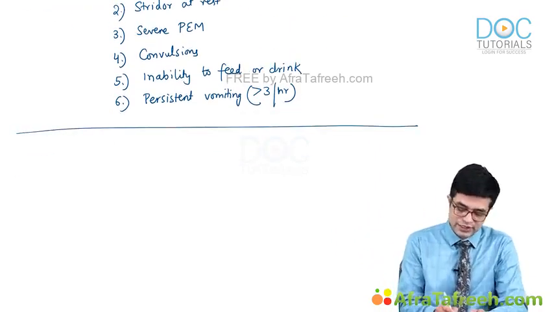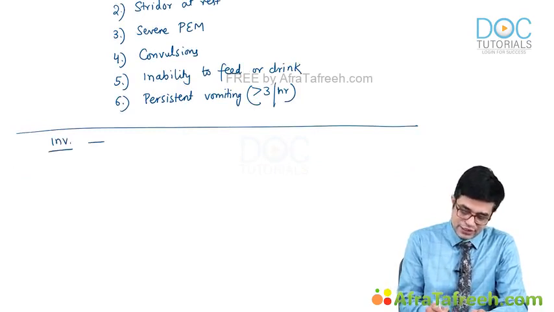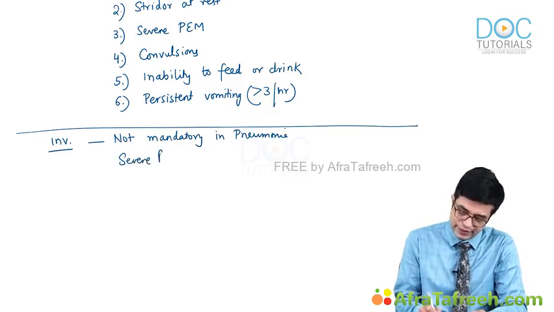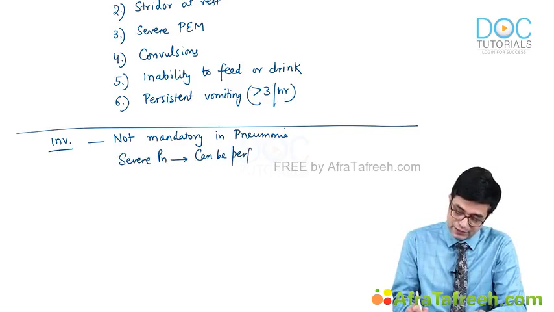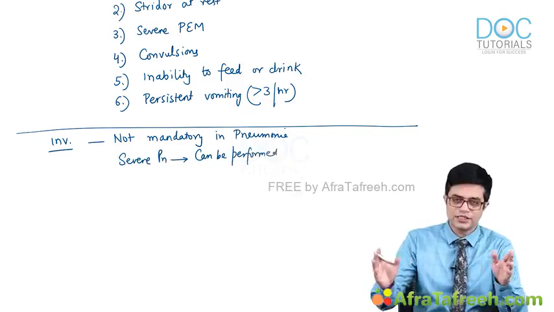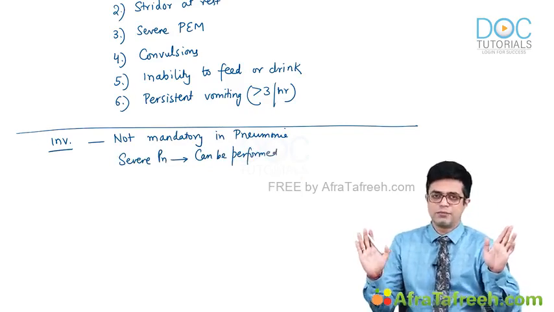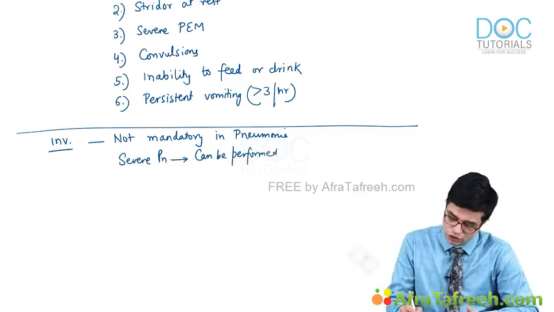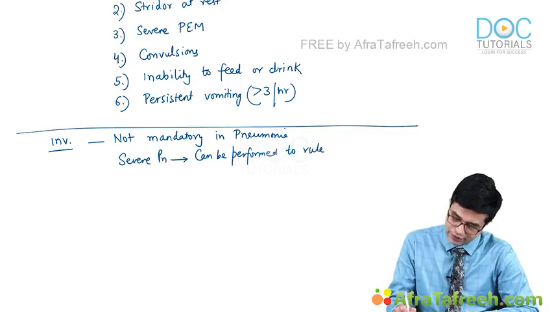Now, coming to investigations. Investigations are not mandatory in pneumonia. However, in case of severe pneumonia, they can be performed. Can be does not mean you must do it, because the diagnosis is based upon clinical findings. In severe pneumonia, they can be performed to rule out occurrence of any complications.